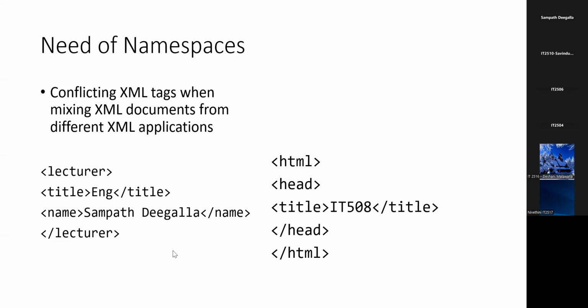Notice that in the two fragments we have the same tag, title. Here we have a title tag, and here we also have a title tag, which actually mean two different things. This will cause conflicts because they come from different vocabularies.